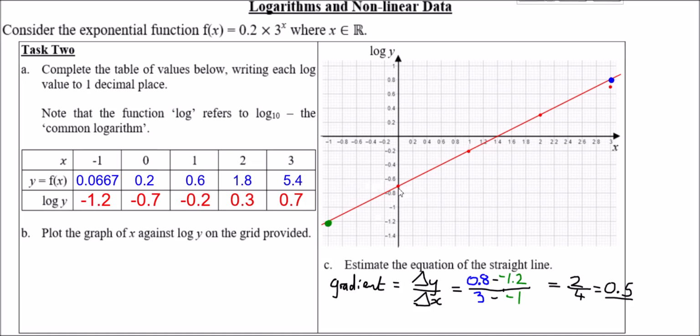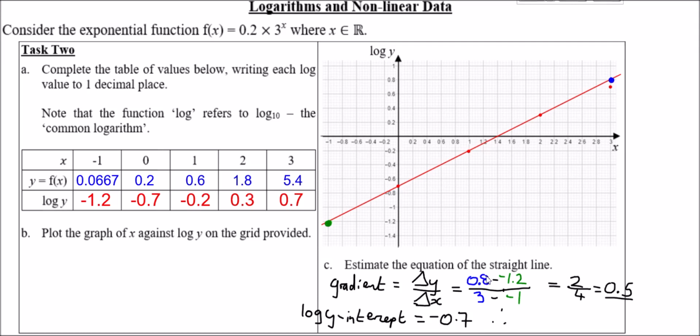The y-axis intercept seems to me to be between -0.6 and -0.8, which is therefore -0.7. So the y-intercept. In fact, it's not y, is it? It's log y. So log y-intercept is -0.7.